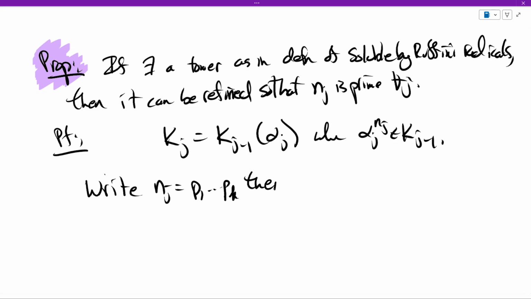But then we can refine this tower by setting beta L to be alpha j to the product of the last primes after pL.